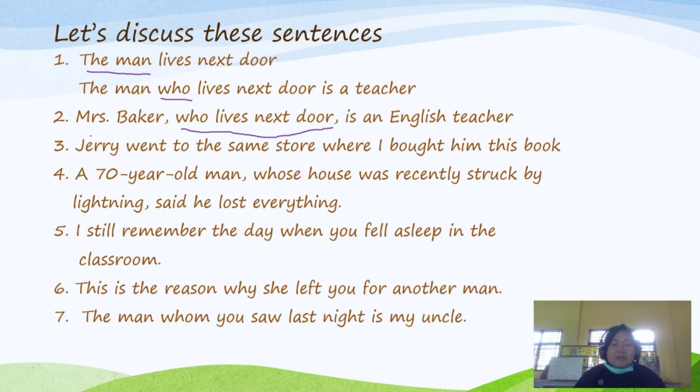We don't actually need an adjective clause like who lives next door. The sentence is still meaningful. This is who, and who is used as a noun, as subject or person.